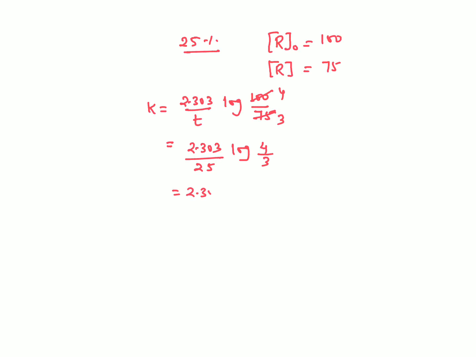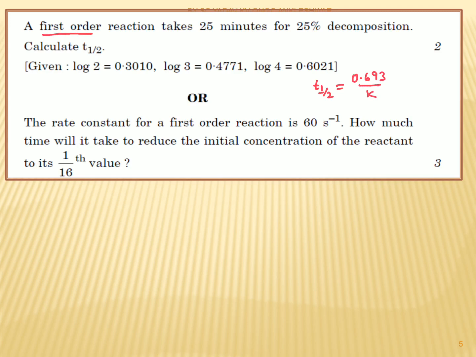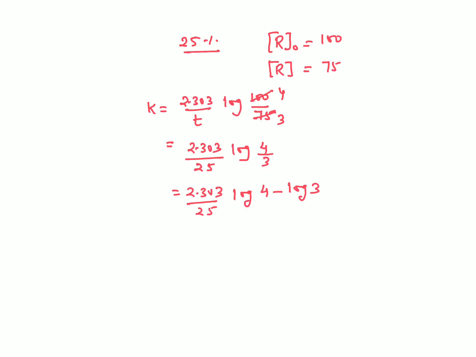Again 2.303 by 25 log 4 minus log 3. You know the formula, and the values of log 4 and log 3 are already given in the question. See here, 0.602 and 0.471. Okay, so write the values again: 2.303 by 25 into 0.6021 minus 0.4771.